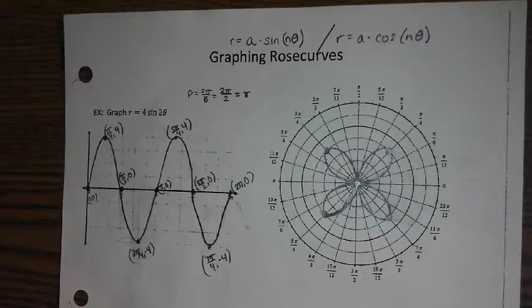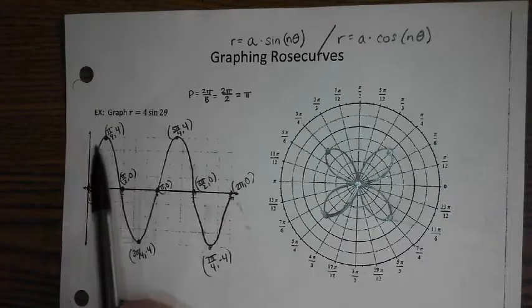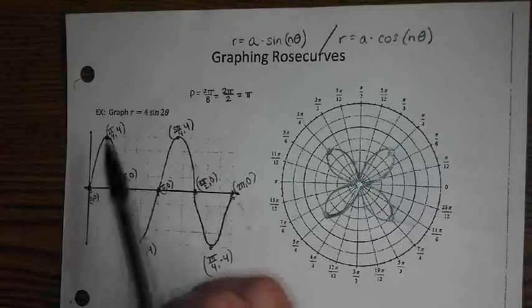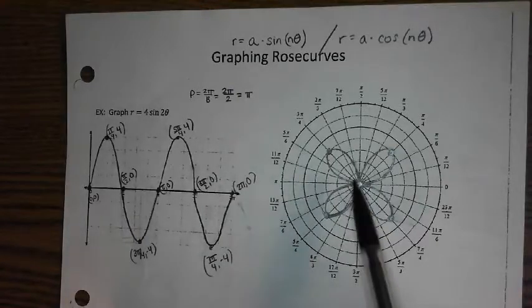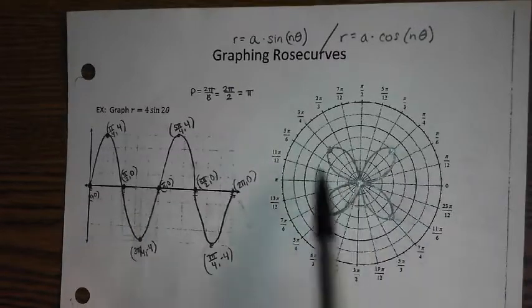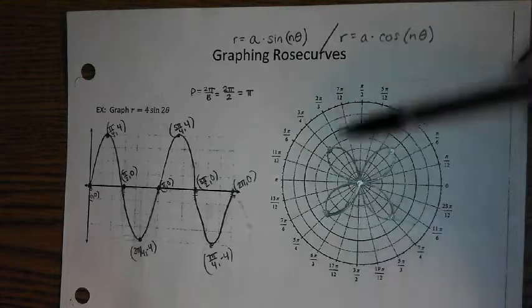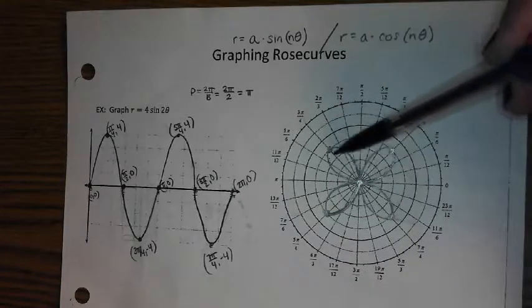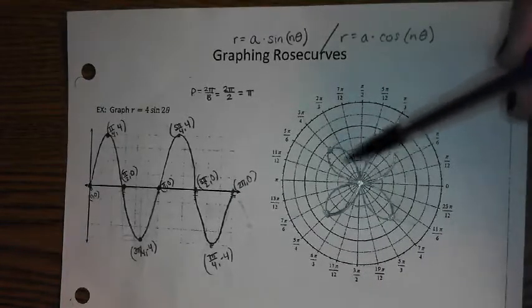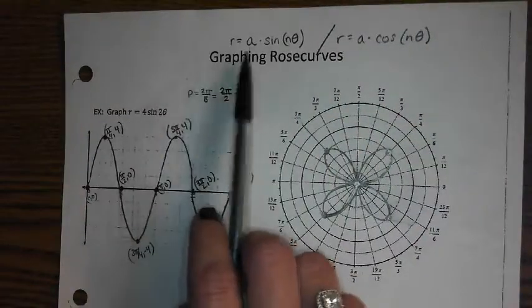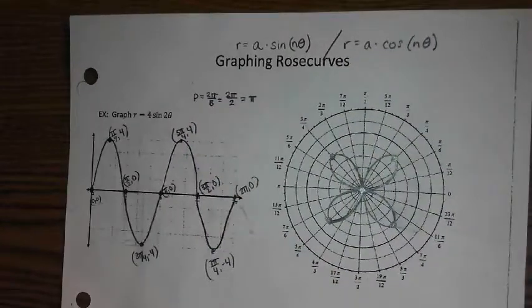I think maybe at this point it's already fair to say that your A value kind of gives you the length of each petal. Can we call these petals? Rose curve, flower, petals, makes sense. So I guess the length of your petals is your A value, pretty much.